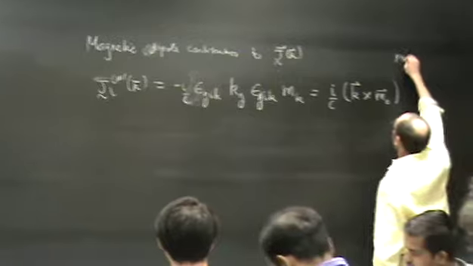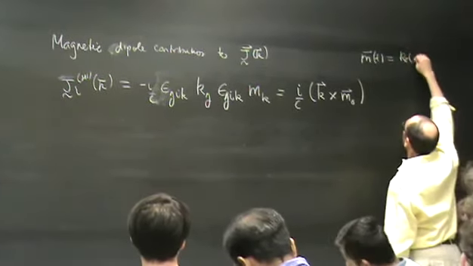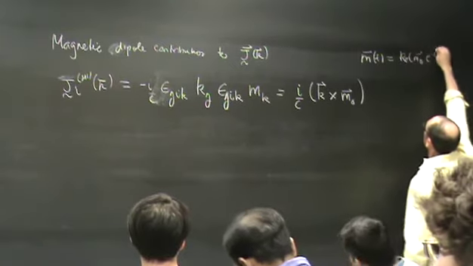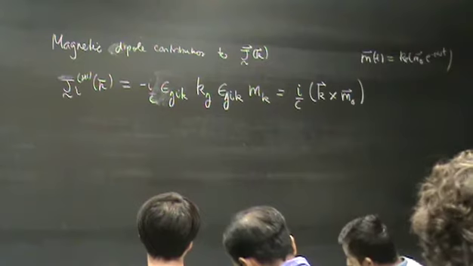Okay, so m as a function of t is the real part of m naught e to the minus i omega t. That's the assumption. Everything oscillates like that.